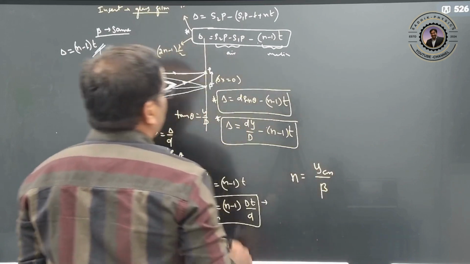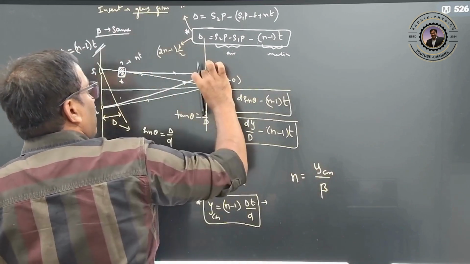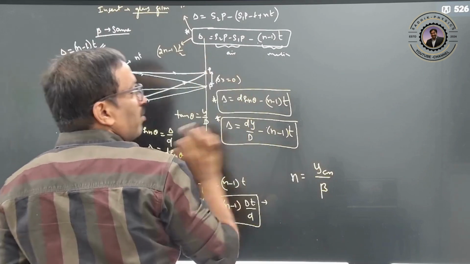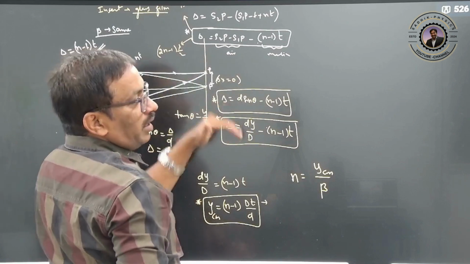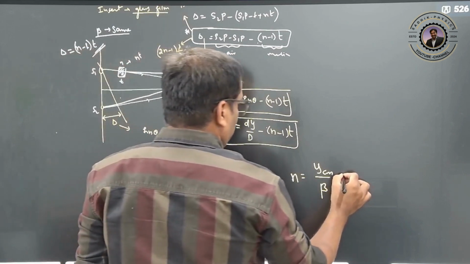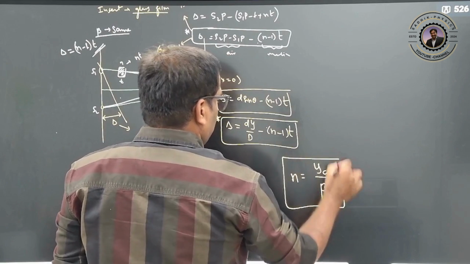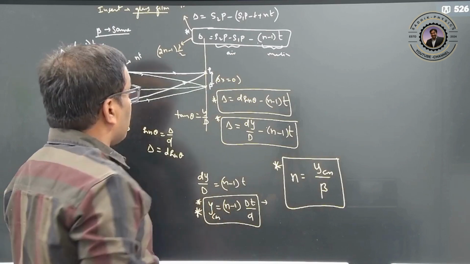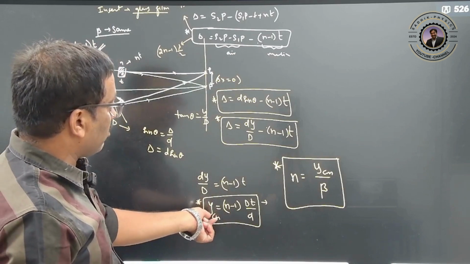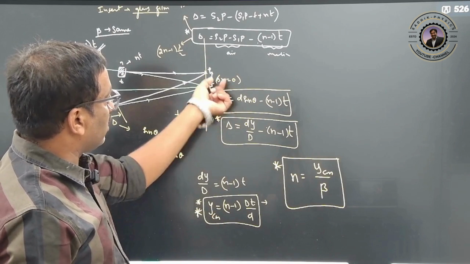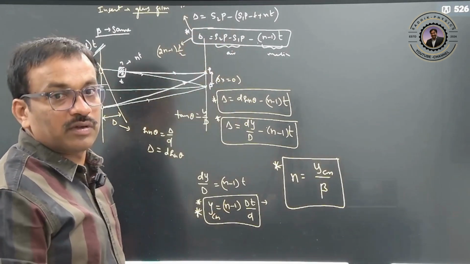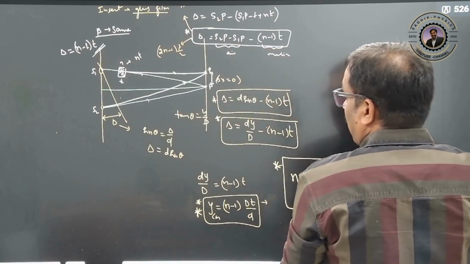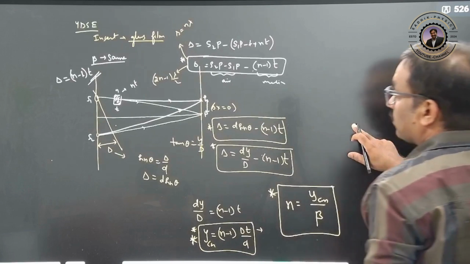The fringe width will be the same, so in this distance, that many fringes can fit, and that many fringes will be shifted. This is the number of fringes by which the central bright fringe will be shifted. Clear? I think you got the clarity in this.